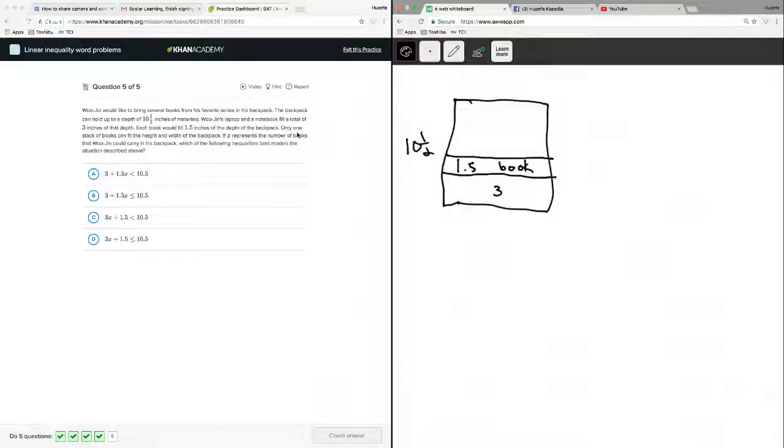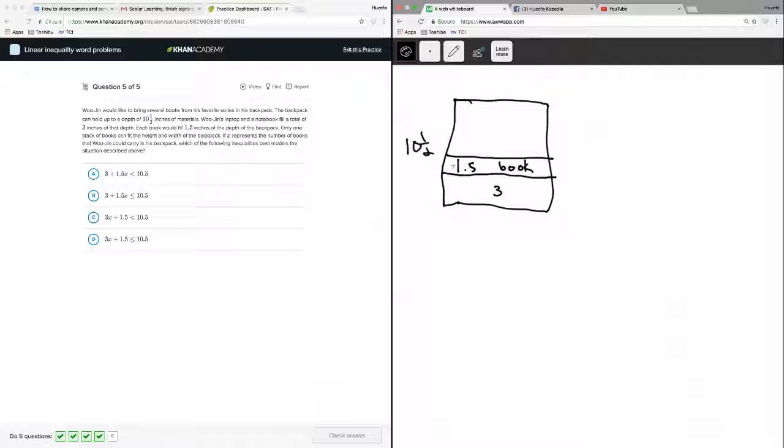If X represents the number of books that Woo Jin could carry in his backpack, which of the following inequalities best models the situation described above? So X is the number of books, and his laptop and notebook fill 3 inches. Okay. So now the remainder is this chunk.